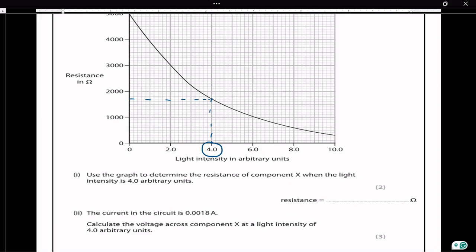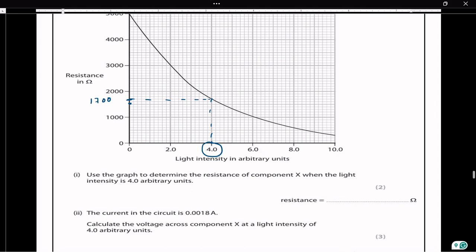It will come as 1700, because between 1000 and 2000 it is 1500, then 600, 700, 800, 900. So this is 1500, and this number will be 1700.